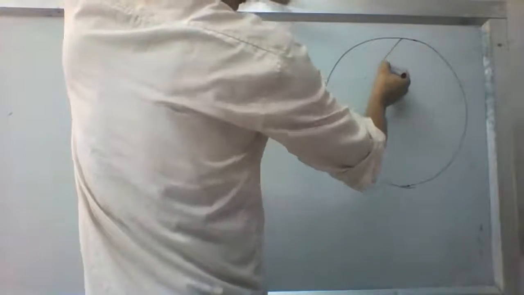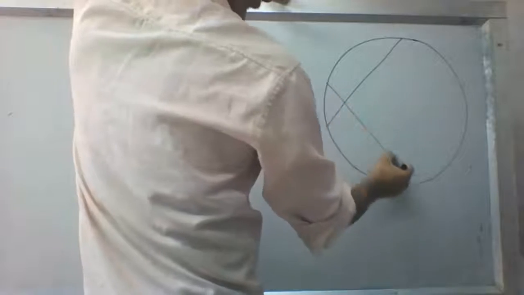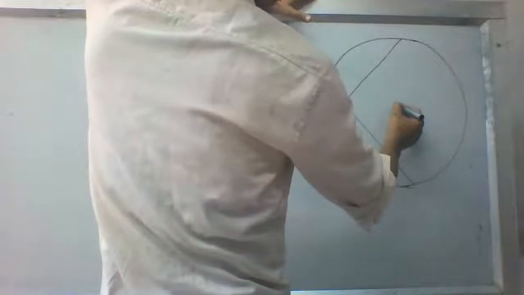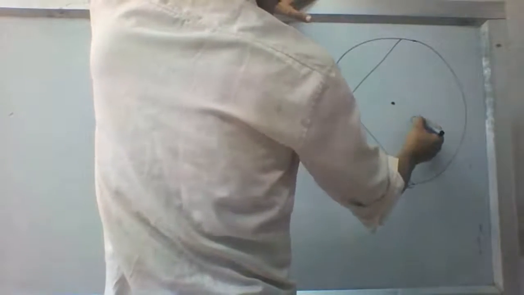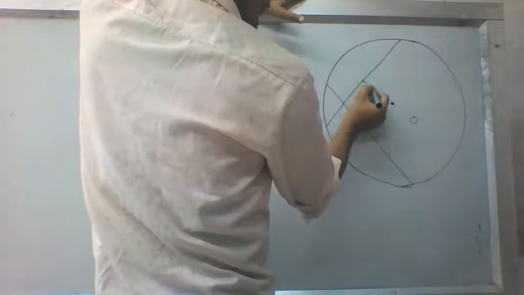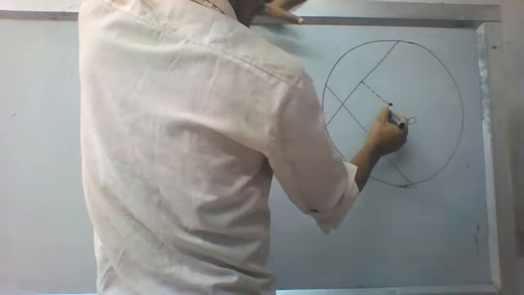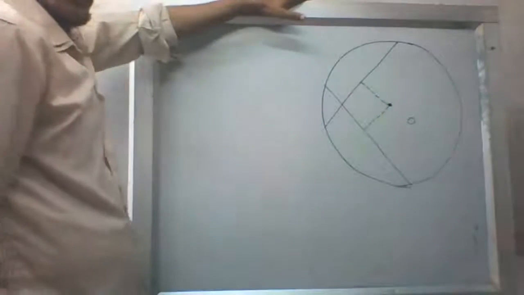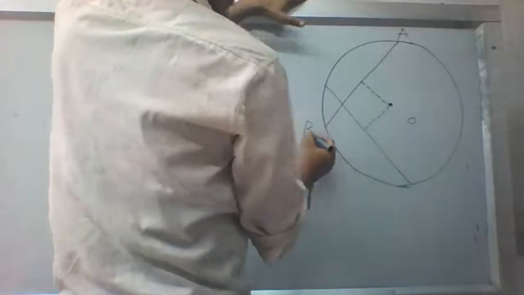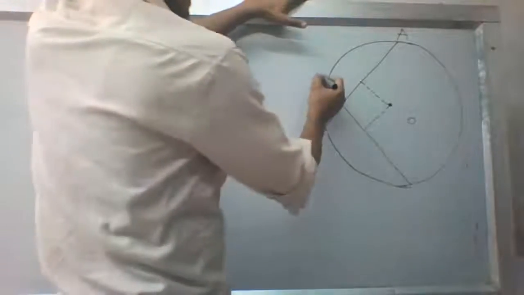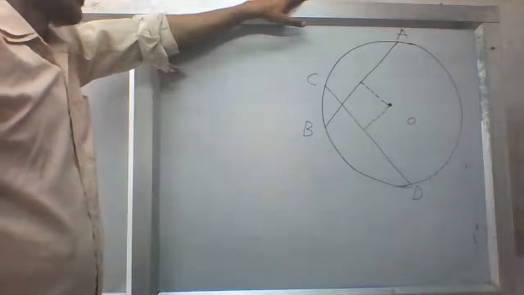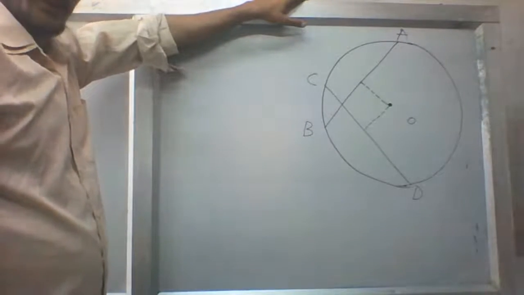This is one chord. This is another chord. This is the center O. Now, draw a perpendicular on this chord. Draw a perpendicular on this chord. Give it a name: A, B, one chord. C, D, another chord.